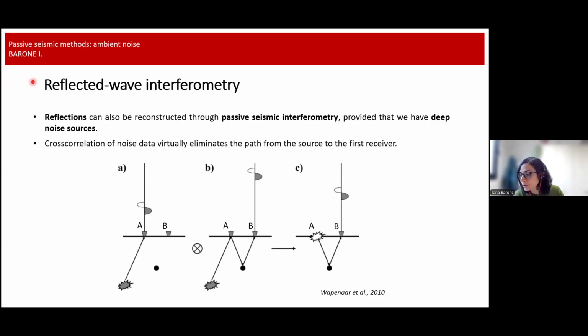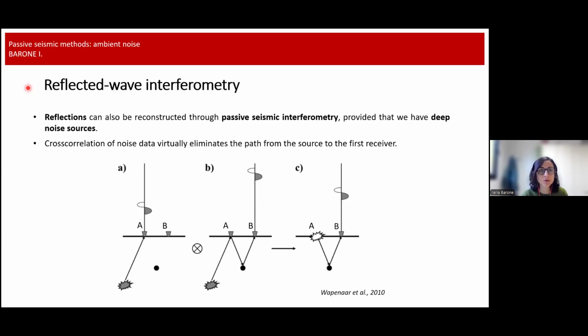I've talked about surface wave interferometry, passive seismic interferometry to reconstruct surface waves, because the surface waves are dominating the ambient noise field, but we could also use interferometry to reconstruct reflections, so body wave reflections.